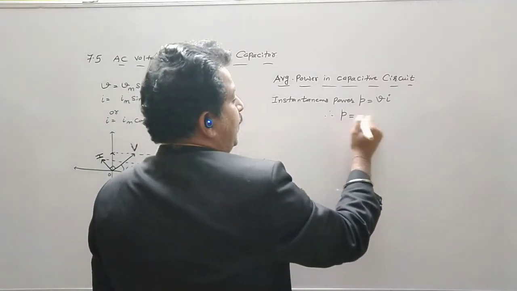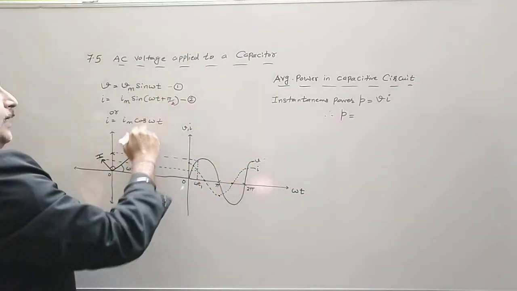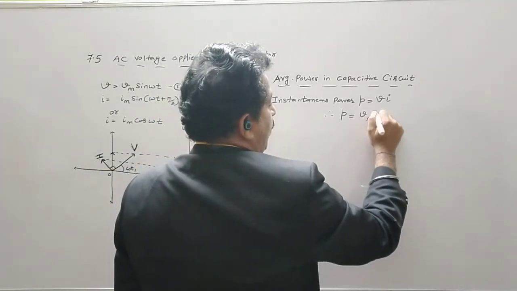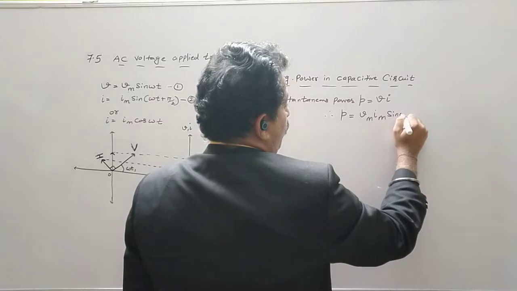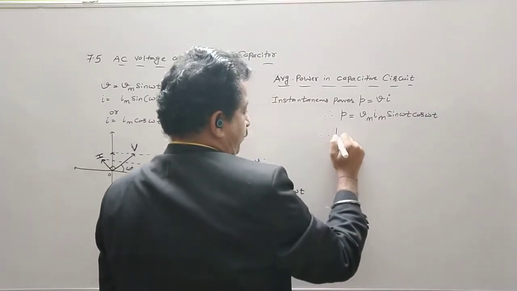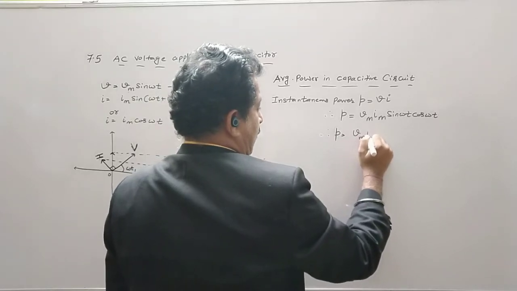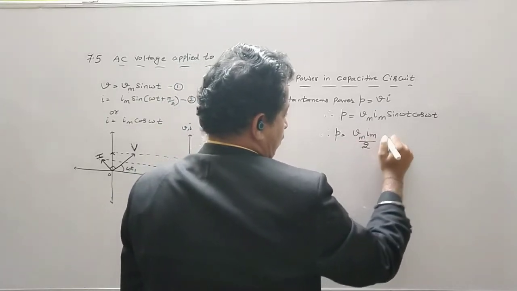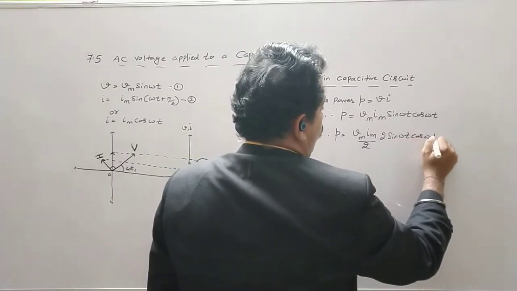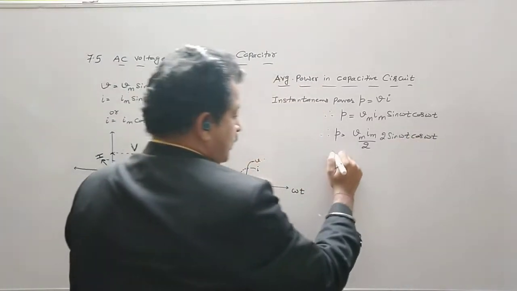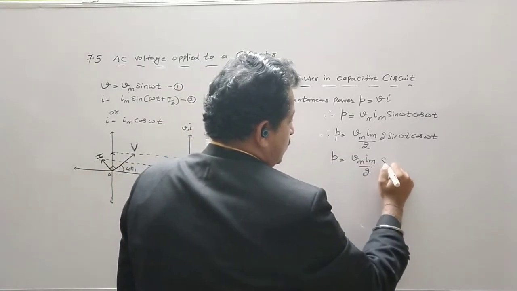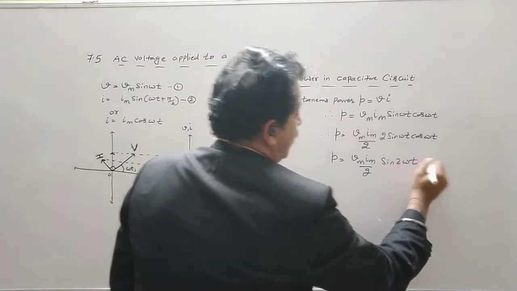Therefore p is equal to vi, that is the product of these. So we can write Vm Im sine of omega t cos of omega t. Therefore p can be written as Vm Im divided by 2 sine of 2 omega t. So this is similar to the inductive circuit.